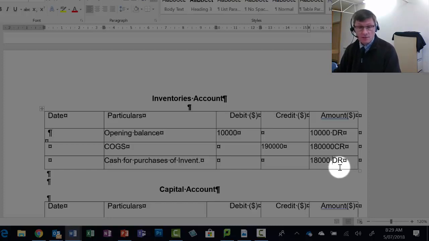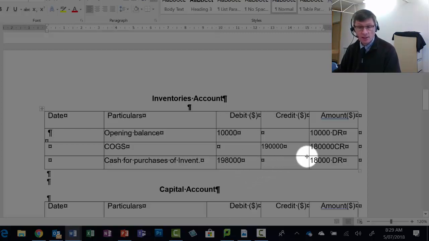Right. So how much debit on this side do I need to turn this account from $180,000 credit into an $18,000 debit? And the answer is you must add both those together. Right, and there it is.